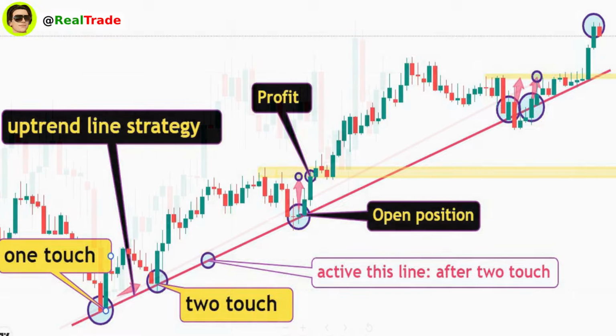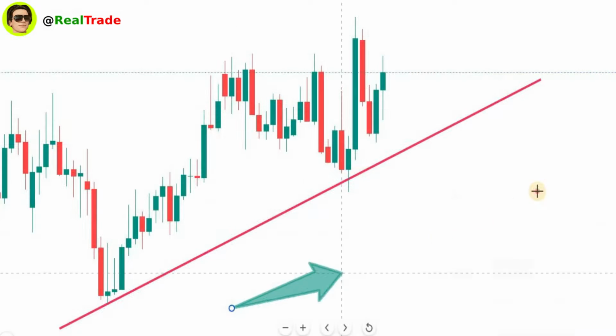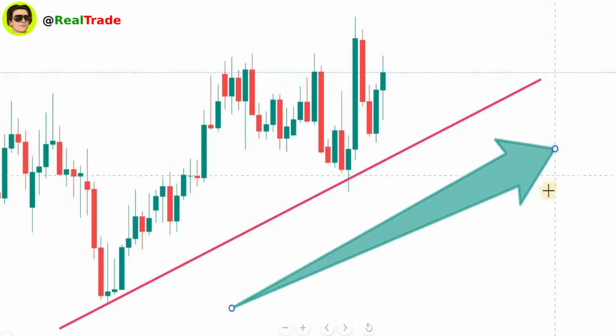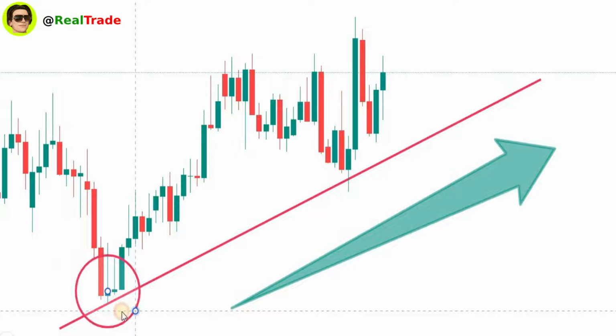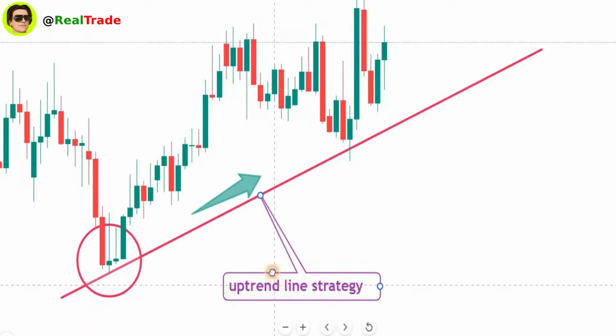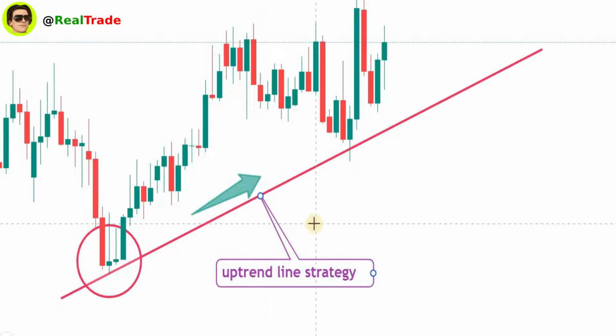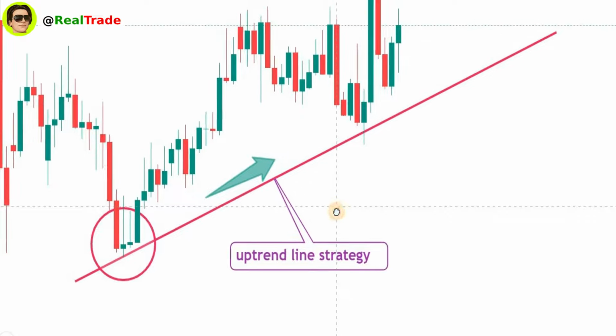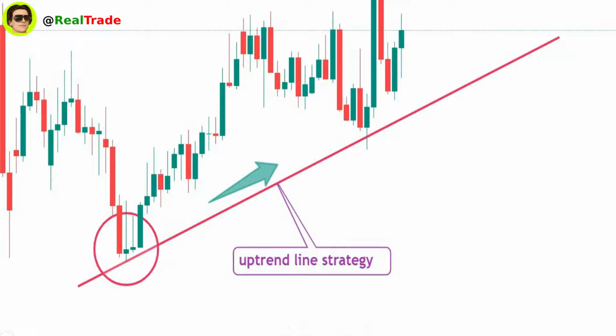Look at the chart, one touch, two touch, after two touch, active strategy. Look at this line, one touch. This line, the red line, is uptrend line strategy.